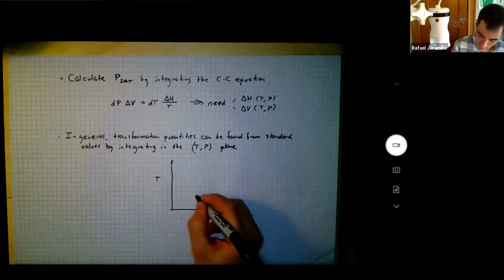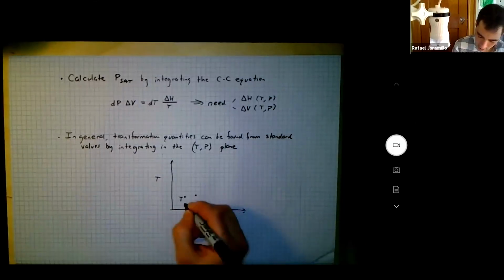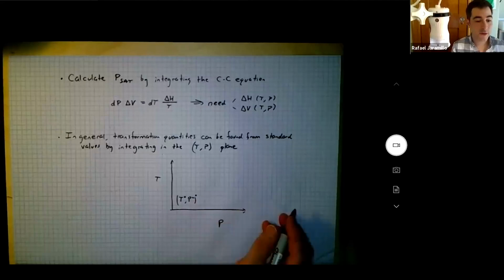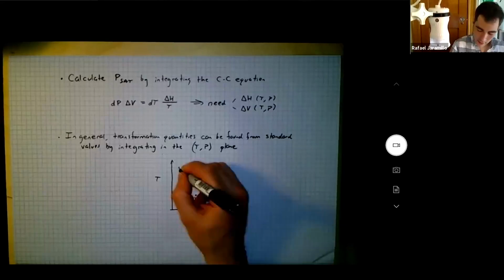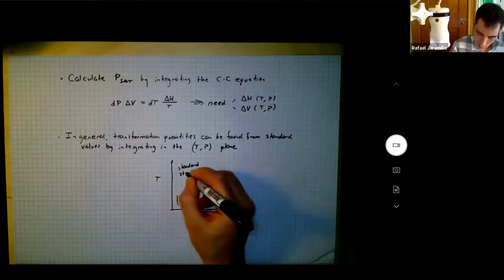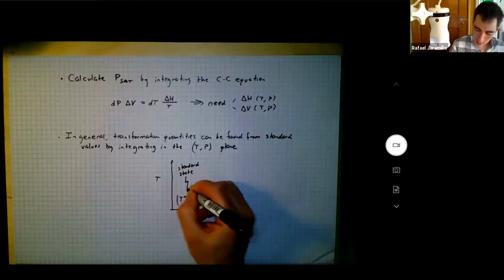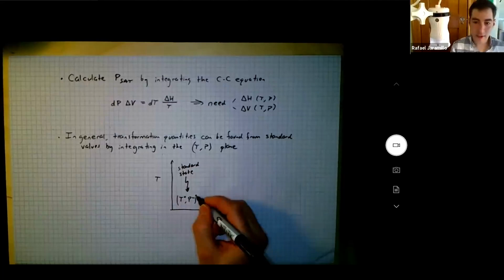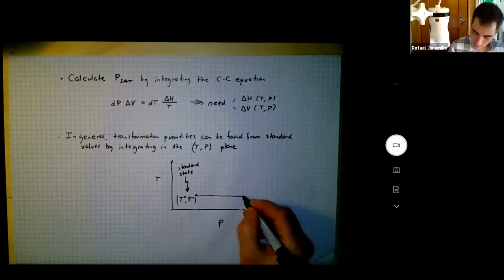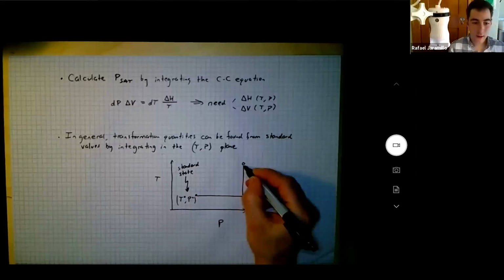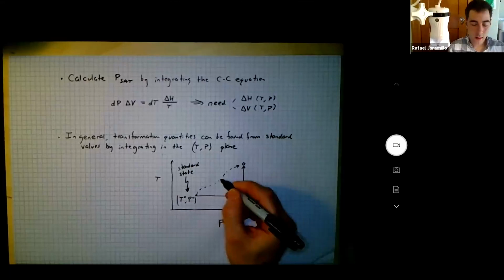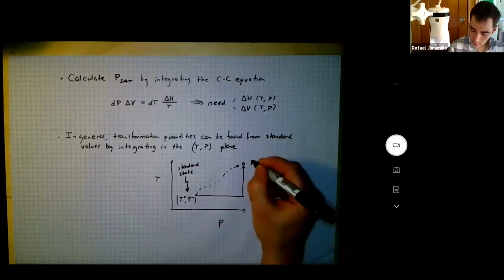Let's say there's a standard T naught, P naught, like standard temperature and pressure conditions, standard state. And someone gives us the transformation quantities there, and we actually need them over here, at some other P and T.